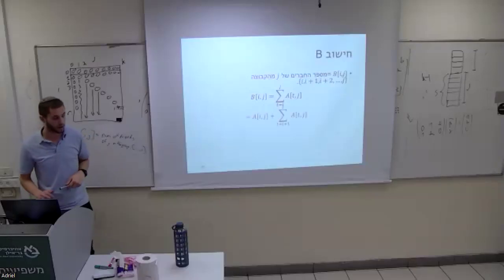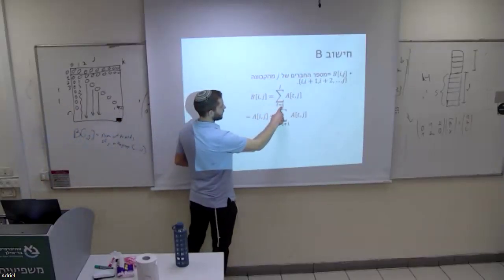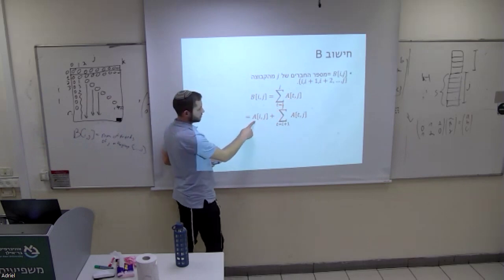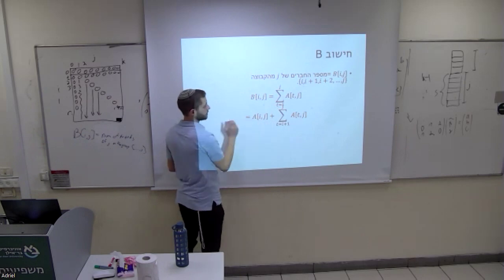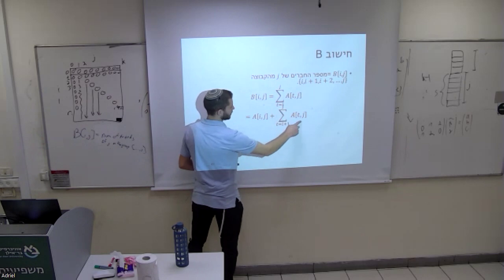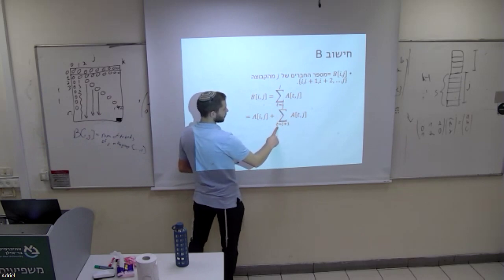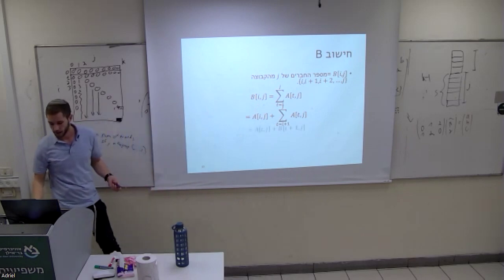So now let's do this smartly. Let's just take Aij out of the sigma, and then the sum is from t equals i plus 1 until j. We just took the first element out of the sigma. Now this is something that we know how to compute. This is basically B of i plus 1 and j.